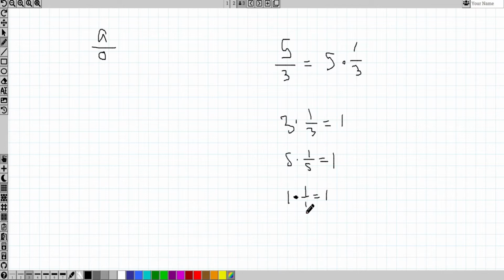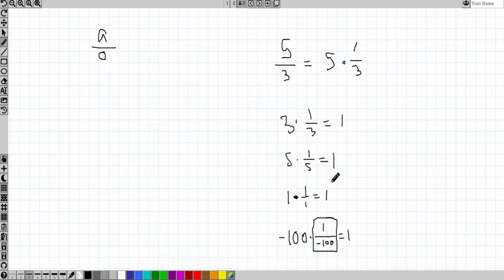This is 1. And I don't know, let's go crazy here. Negative 100 times 1 over negative 100 is 1. So this symbol is actually just a fancy number that I don't want to write out.